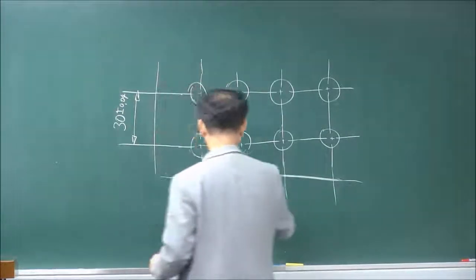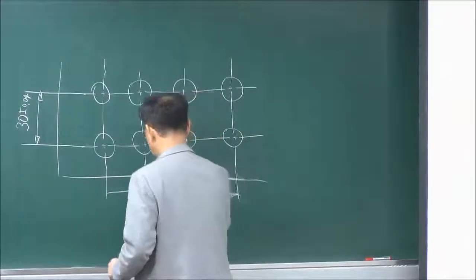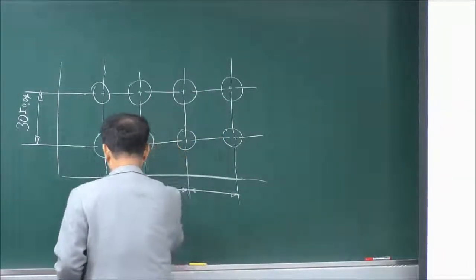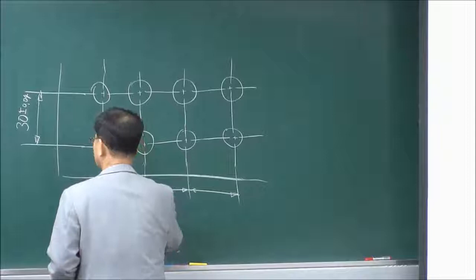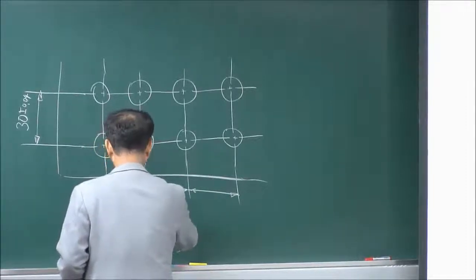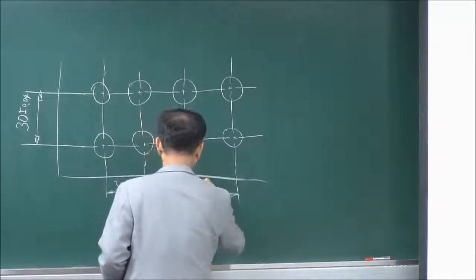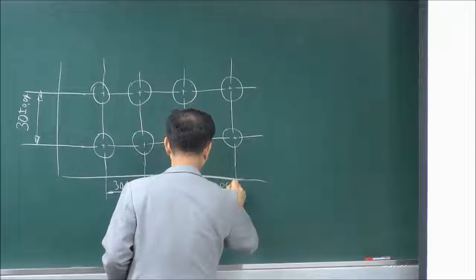Okay. Then if you try to define the tolerance, 30 plus minus 0.04, 30 plus minus 0.04, 30 plus minus 0.04.